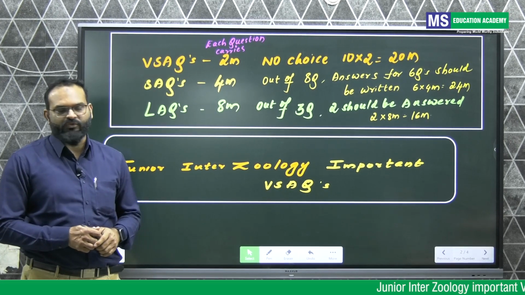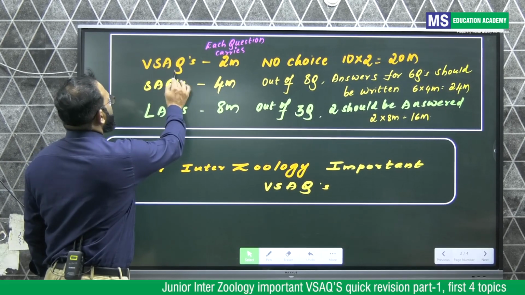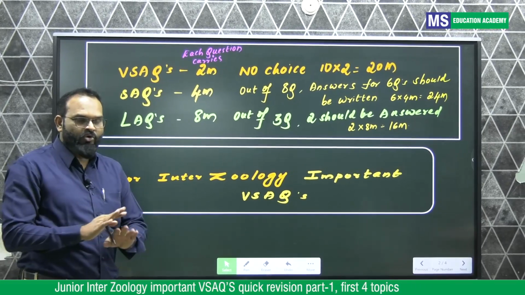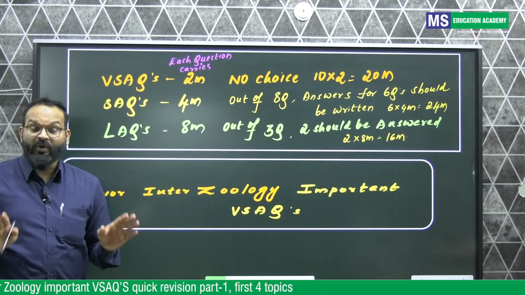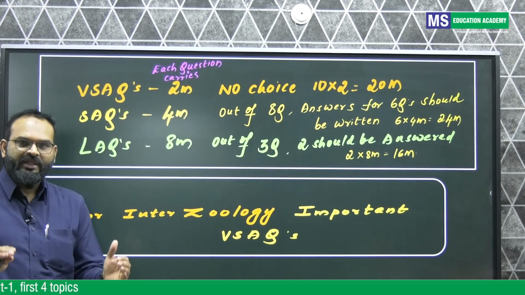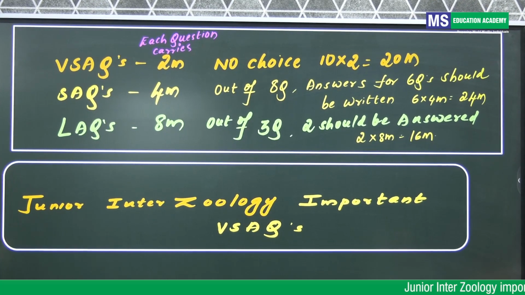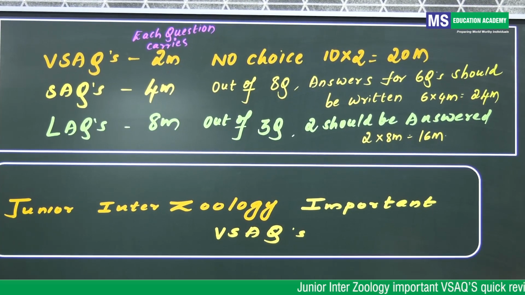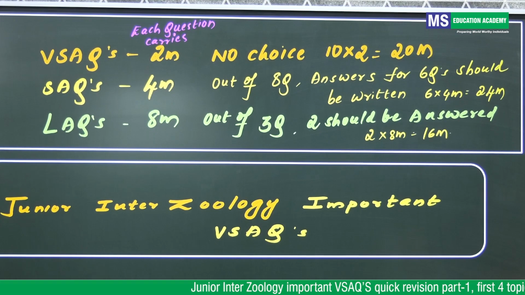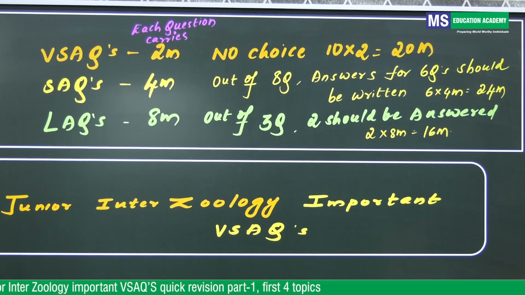Out of these 21 questions, the first 10 questions are VSAQs. No choice. You have to write answers to all the 10 questions. Then only you can score 100% marks in that particular section. Each correct answer carries 2 marks. So 10 into 2, 20 marks.